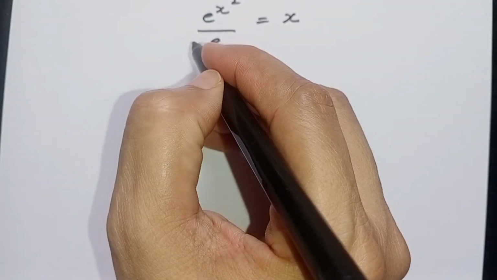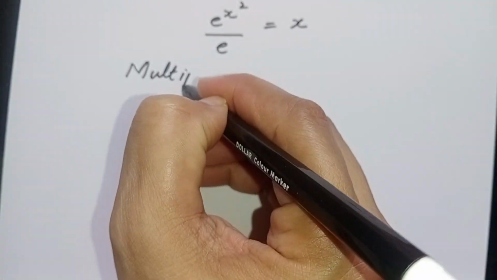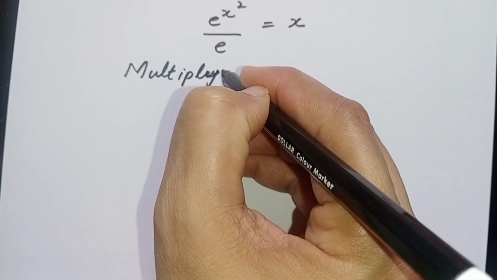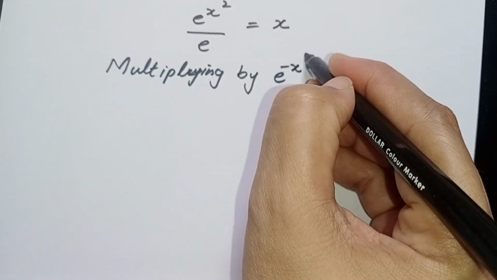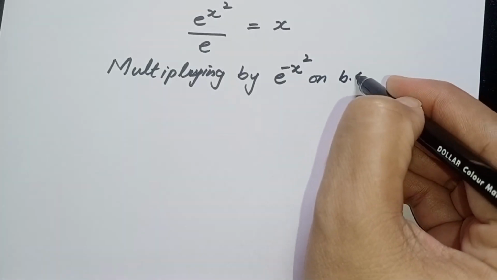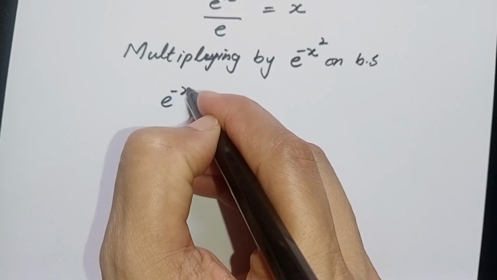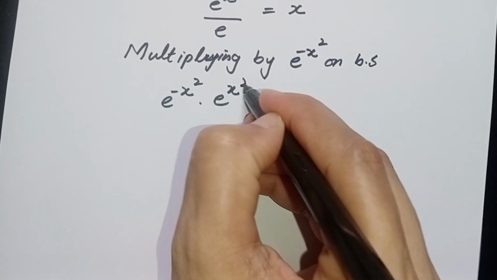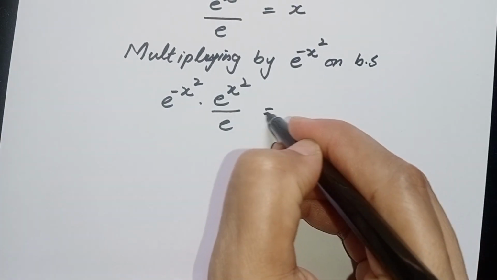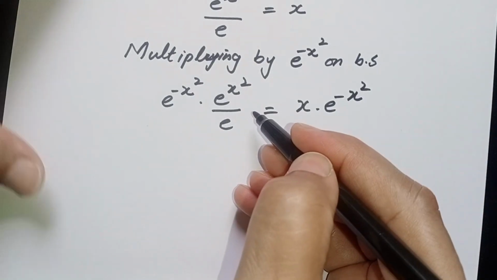Now multiplying on both sides by e power minus x squared. So what will we get? We will write e^(−x²) times e^(x²) over e is equal to x times e^(−x²).